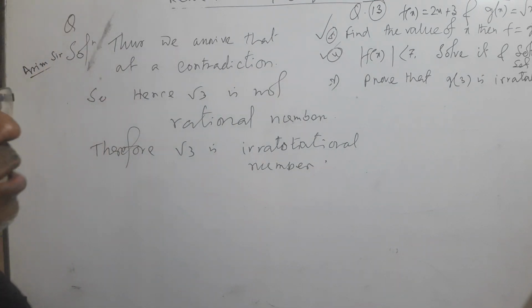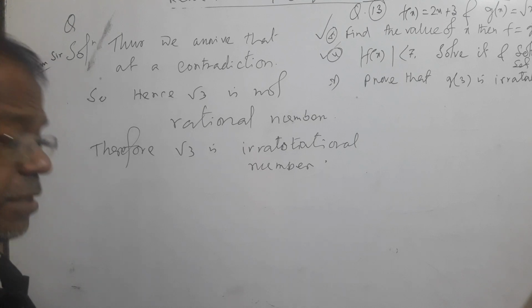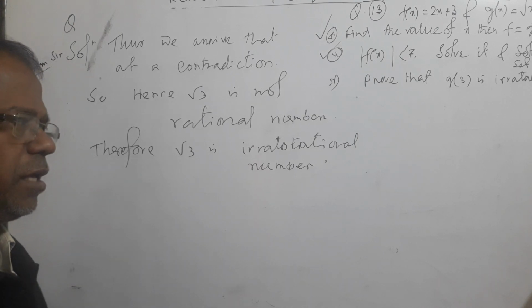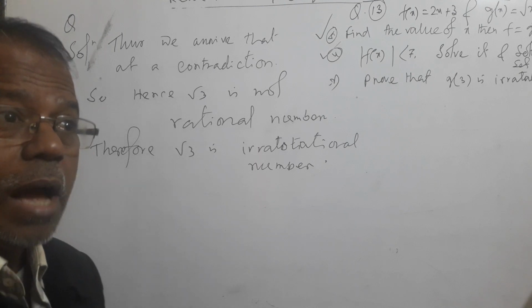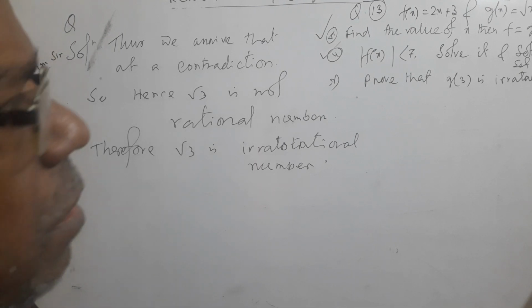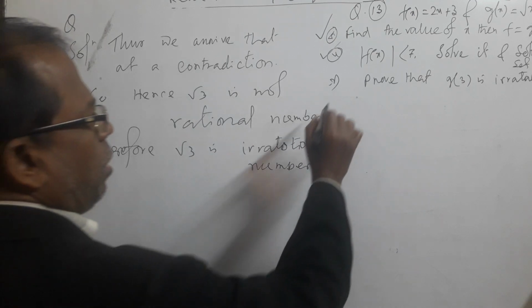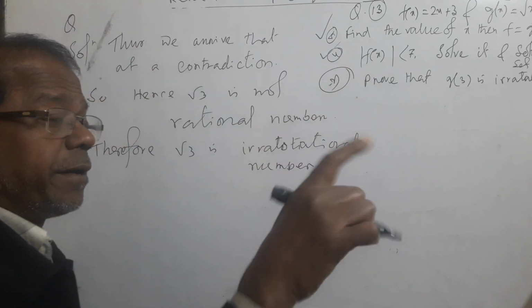Why is root 3 irrational? It's the easiest one, and I want to solve this as upper level maths. It's also upper level math, and you have to practice day by day.